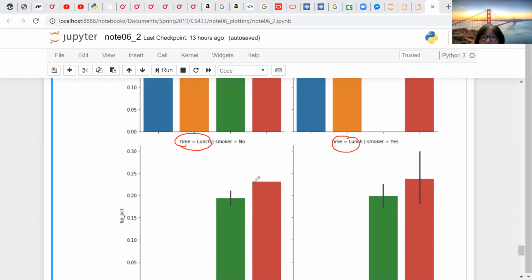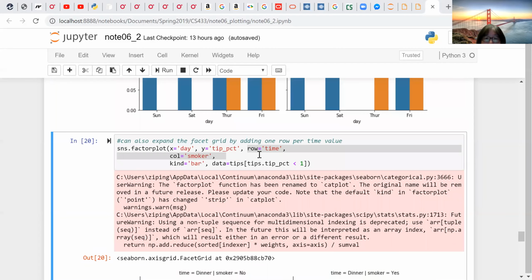It's all regarding lunch. And for the column, you have the non-smoker and smoker difference. So that's what row and column mean here. For your plot, you can do grouping, and use the plot's row and column to do some further separation.